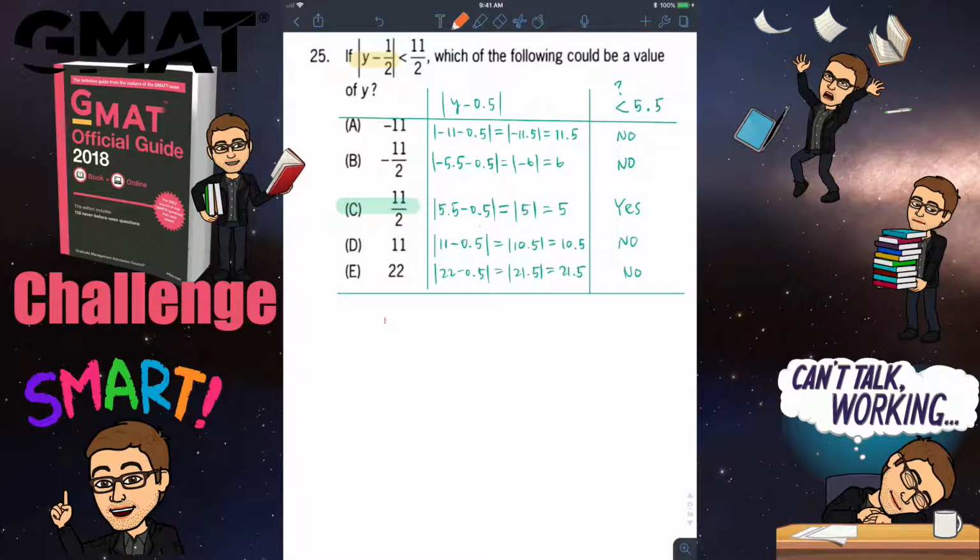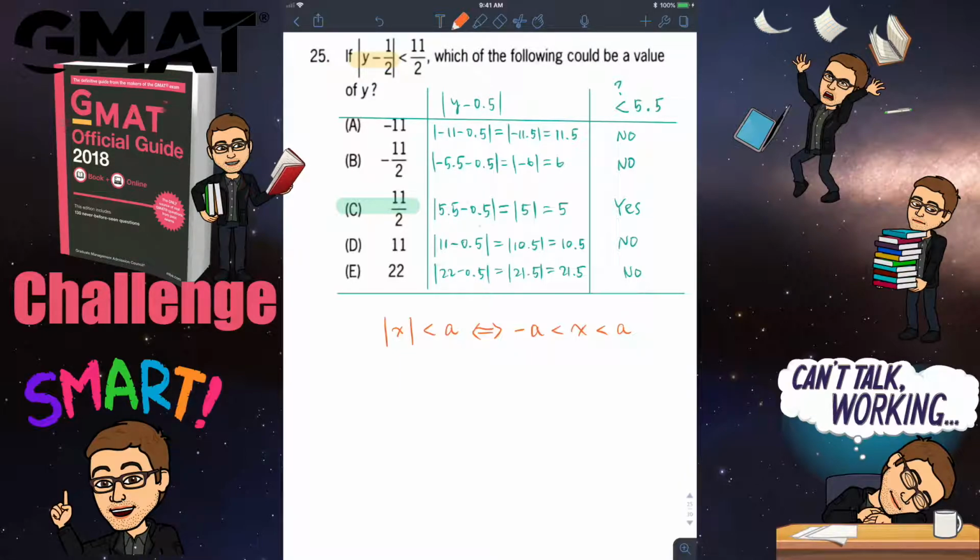So the absolute value inequality, let's say absolute value of x less than A, then it's equivalent to say that negative A less than x less than positive A. So this is actually the formula, if you want to call it, to solve this absolute value inequality.